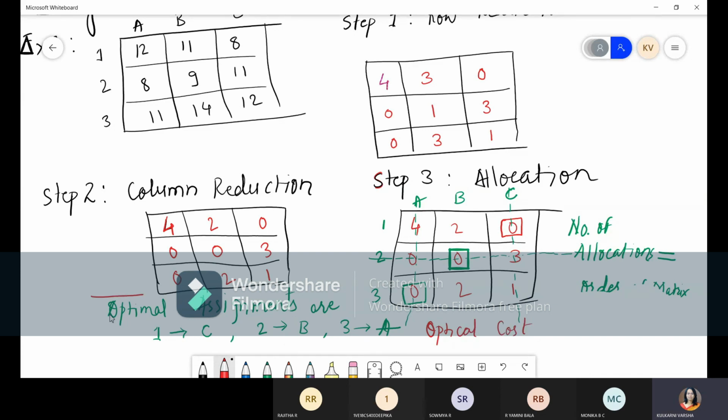As an answer, we have to show the optimal assignments, and also the optimal cost.